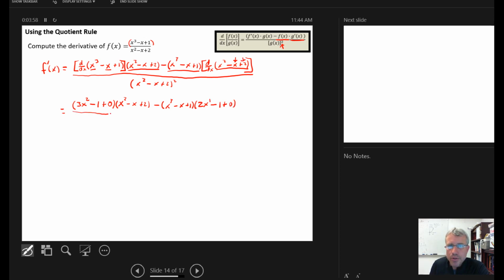And this is all over the denominator. So x squared minus x plus 2, all squared. And then we can simplify the numerator a little bit.